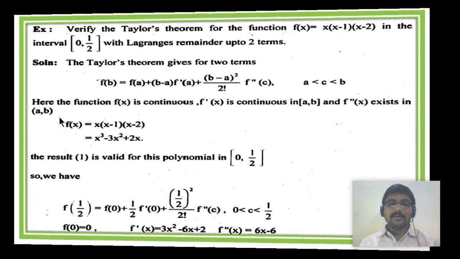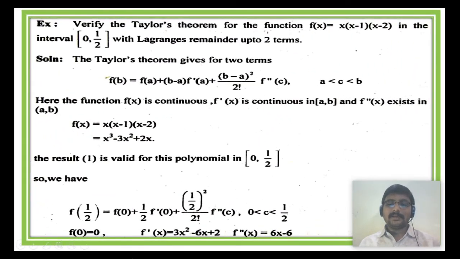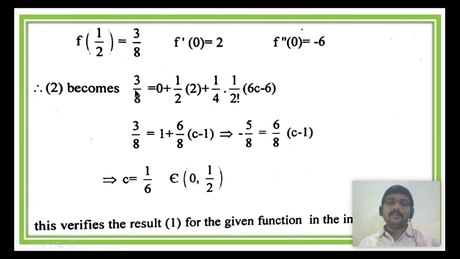So once we differentiate, we will get 3x square minus 6x plus 2, and again differentiating we will get 6x minus 6. Now replacing x as c, we will get f double dash of c is 6c minus 6. Now substituting all these values in this equation and obtaining the c value, on simplifying we will get c value as 1 by 6.